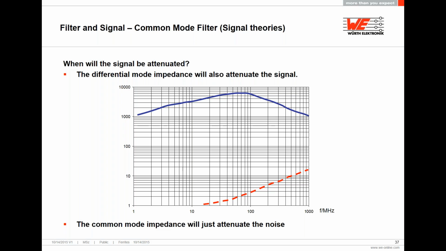If your useful signal is at 100 megahertz, for example, and you're using this common mode choke for your solution, you will be unintentionally attenuating your signal. It is important to take a look at both impedances just to make sure that it is good to attenuate the noise and not affect your useful signal. So the next slide will show you a specific example.